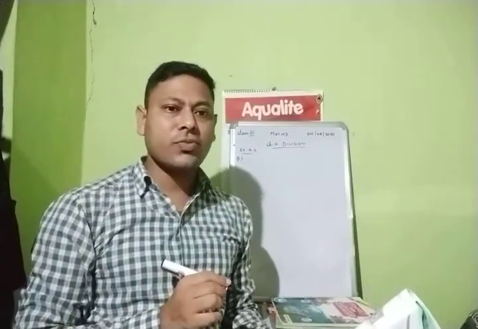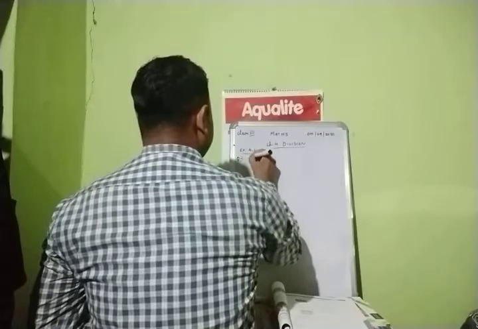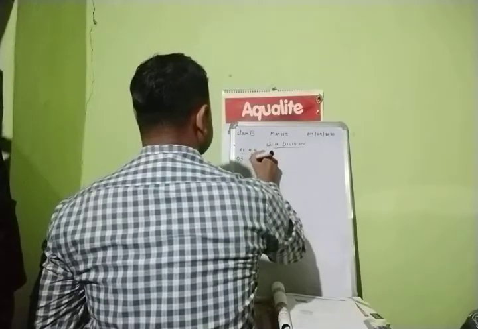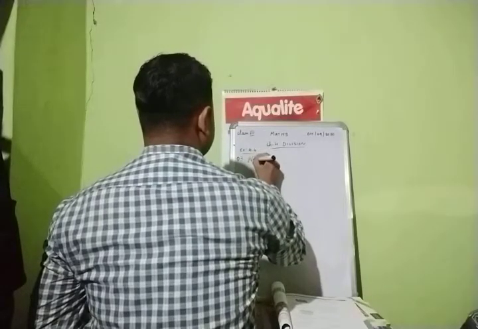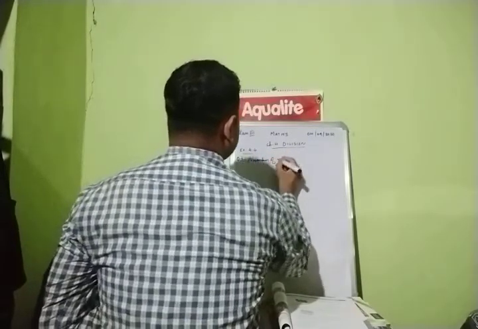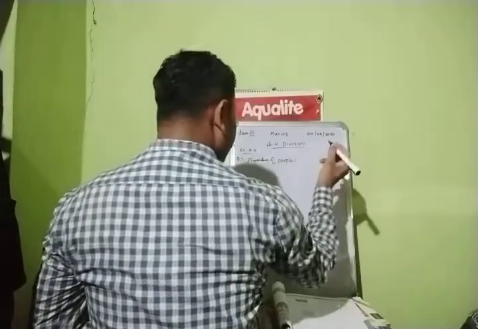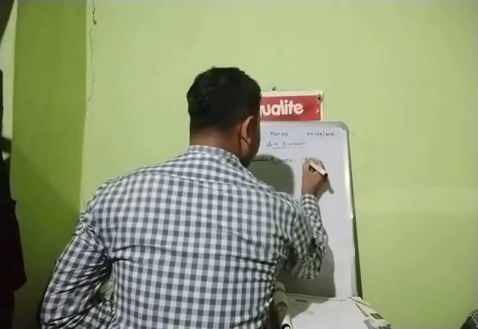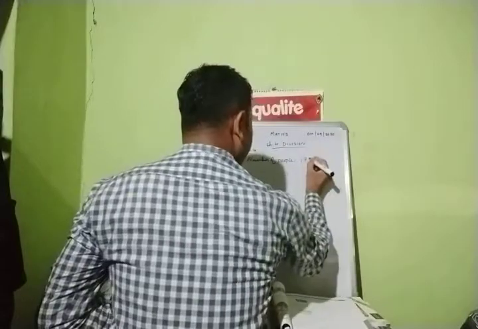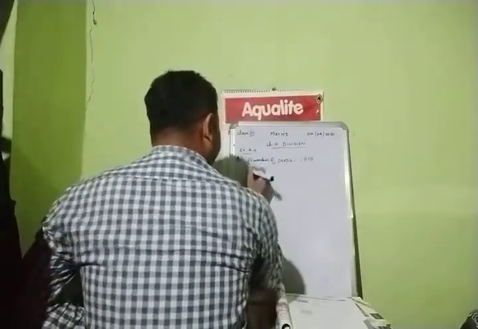So for this what we have to do? First of all, total number of people, how many were there? 1715 people. Then number of aircraft, number of aeroplanes.